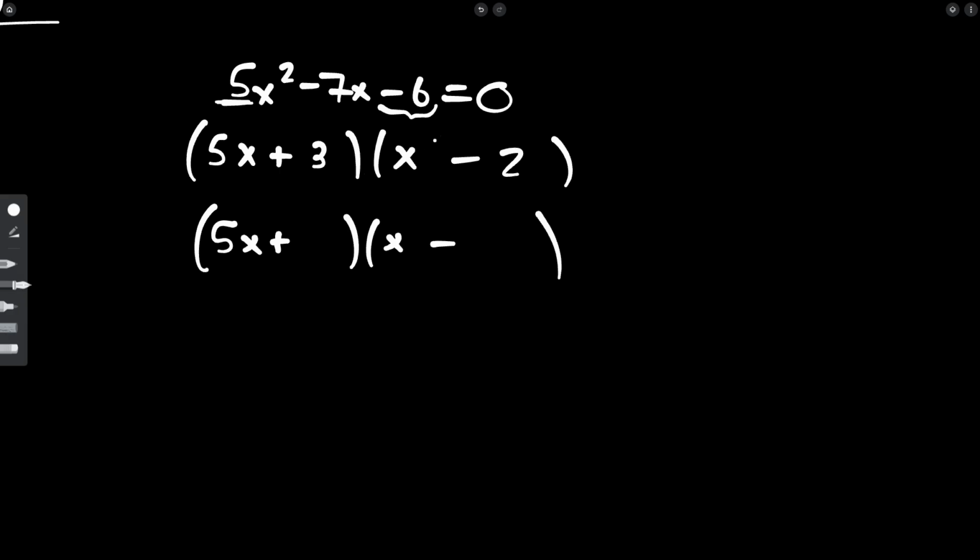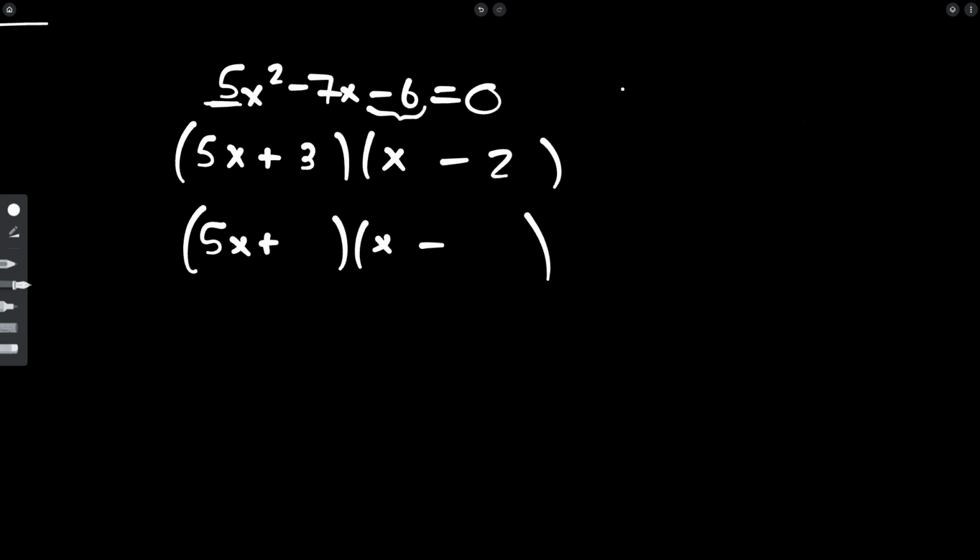Then I looked at the number 6. I know that the last two numbers in these quantities have to multiply to 6. So I first tried negative 3 and 2, but that failed because negative 3 times 5 is negative 15x, and then I would add 2x, and that would give me negative 13x, which is far too big.